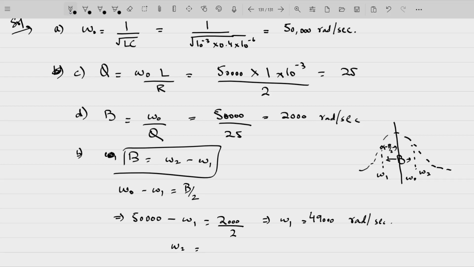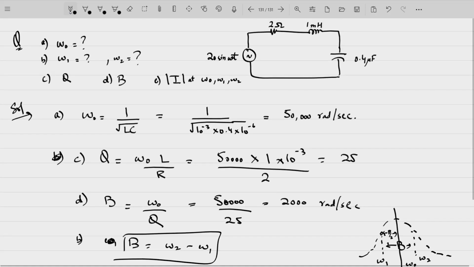Or you can now directly write, since this is a symmetrical curve, omega 2 will be equal to 51,000 radians per second. It's 1000 on this side, 1000 on that side. So these parts are done.